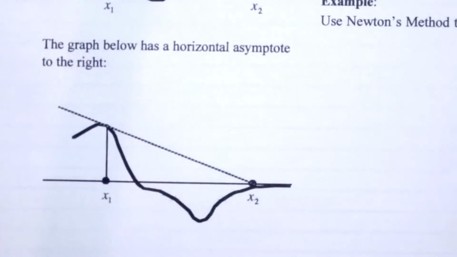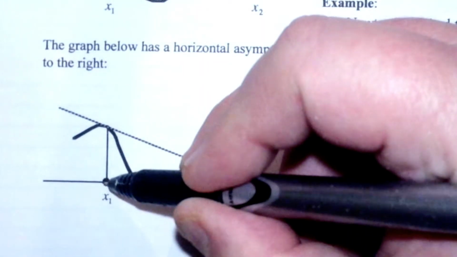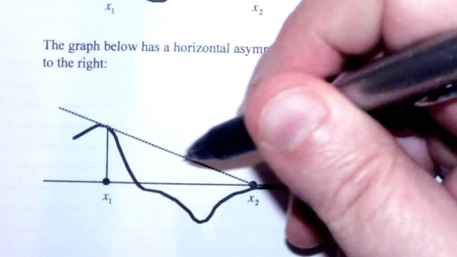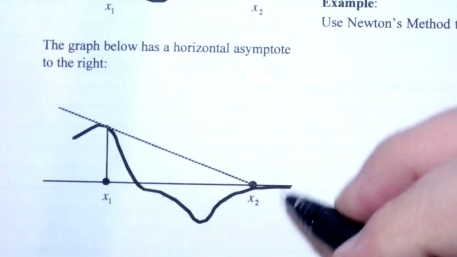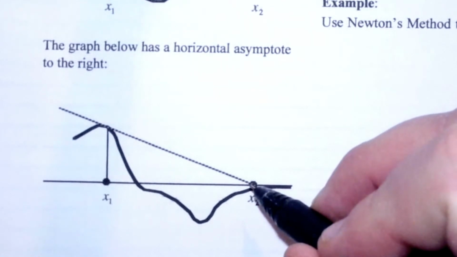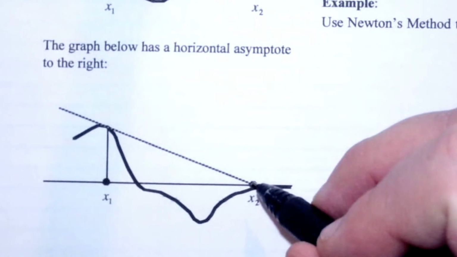Another thing that can happen can occur where you have a situation with a horizontal asymptote. It might happen, such as in this case, that if you pick for your initial guess x1, the tangent line might send you over to where the graph is starting to follow the horizontal asymptote.